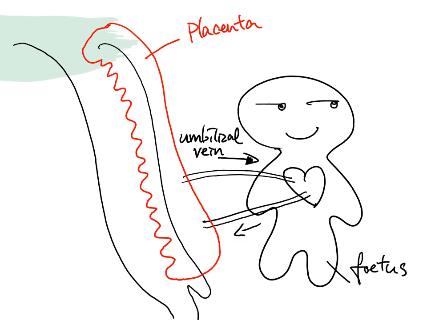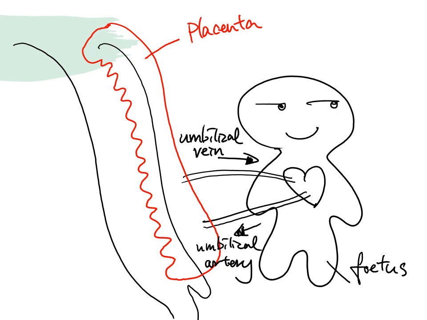And then the blood vessel down there carries the blood away from the fetus heart. So therefore, this one should be the umbilical artery.